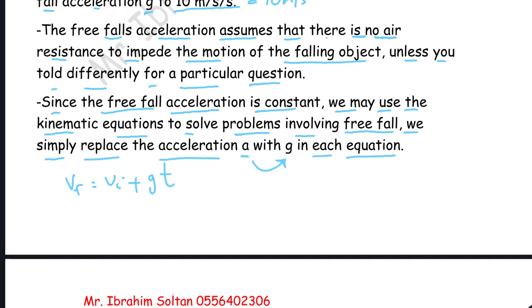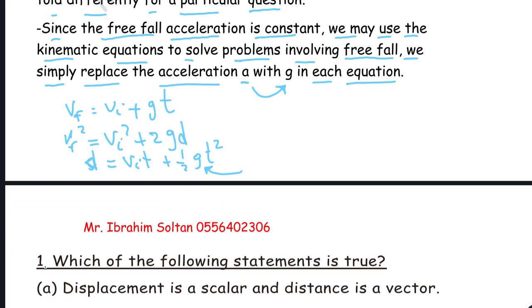V final squared equals V initial squared plus 2gd instead of 2ad. S or d equals V initial t plus half gt squared. And take care of the sign of g, it may be positive or negative depending on the direction of the motion.